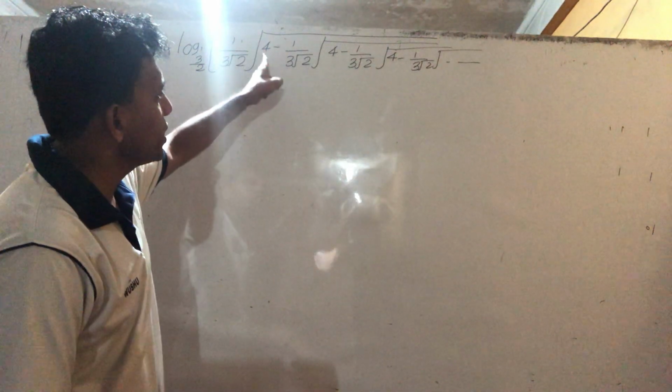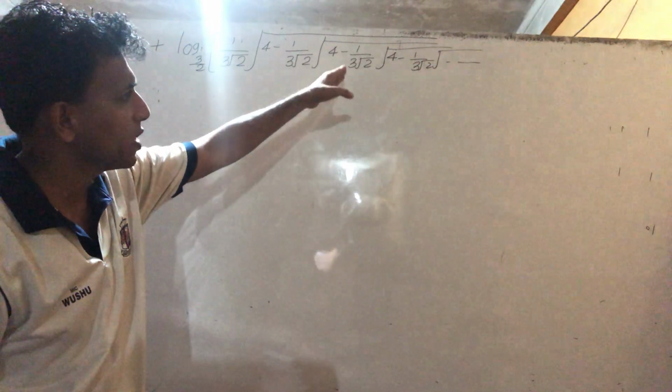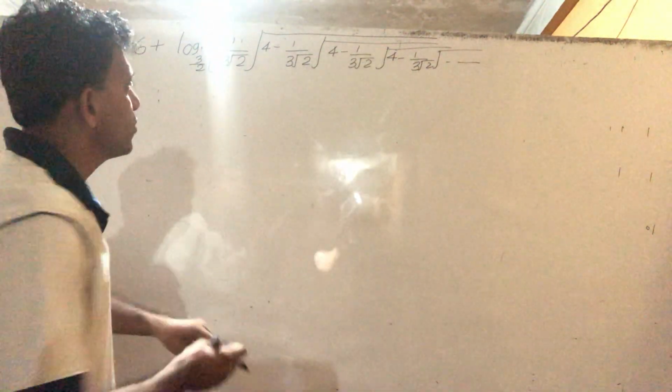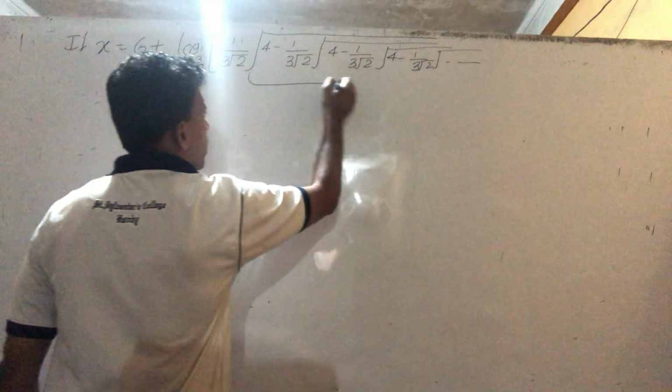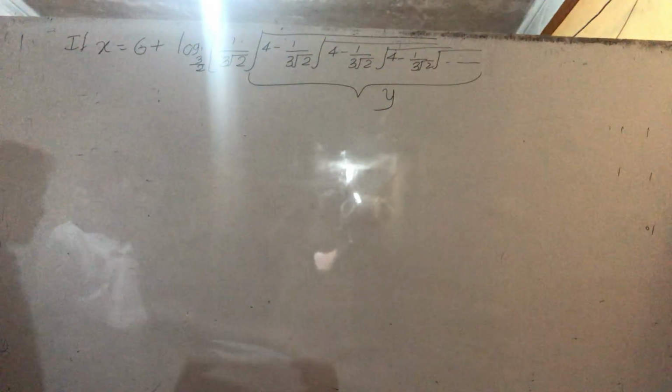See, this is continuous. There are 4 minus 1 over 3 root 2, 4 minus 1 over 3 root 2, and so on. Therefore, I take this continuous part as y, right?